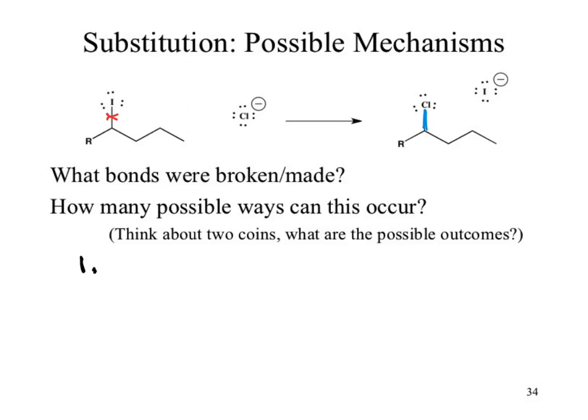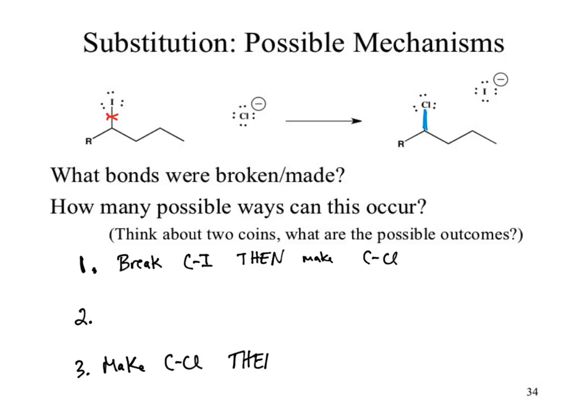Not even with arrows. Okay, as a hint, I could break the carbon-iodine bond, then I could make the carbon-chlorine bond. What else could I do? Make the carbon-chlorine bond, then break the carbon-iodine bond. What else?